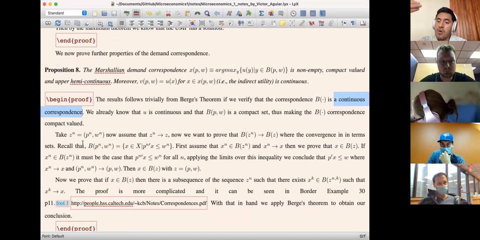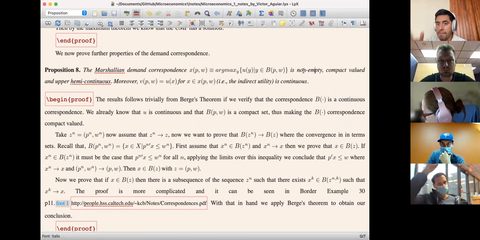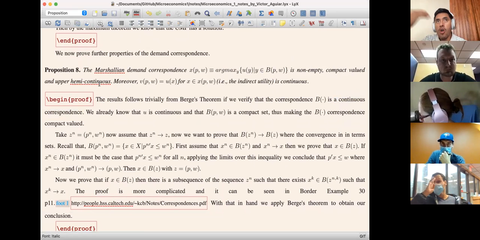So once you have the continuity of the budget correspondence and the continuity of the utility, immediately you get that the maximizer, or the Marshallian demand correspondence, is non-empty, is compact valued, and is upper hemicontinuous, right? And the indirect utility is continuous. So all of this follows from Berge's maximum theorem.